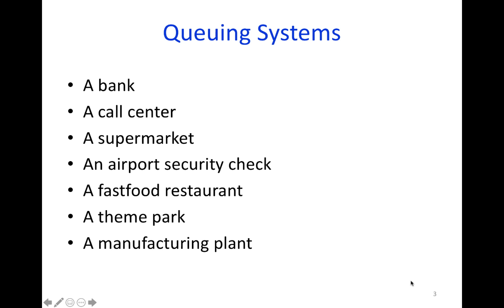Those are what we call servers, and these servers are available to provide service to the customers. The idea is to find the balance in terms of how many agents we want to have in our system and what is the level of customer service or timeliness of response we want to provide to our customers.